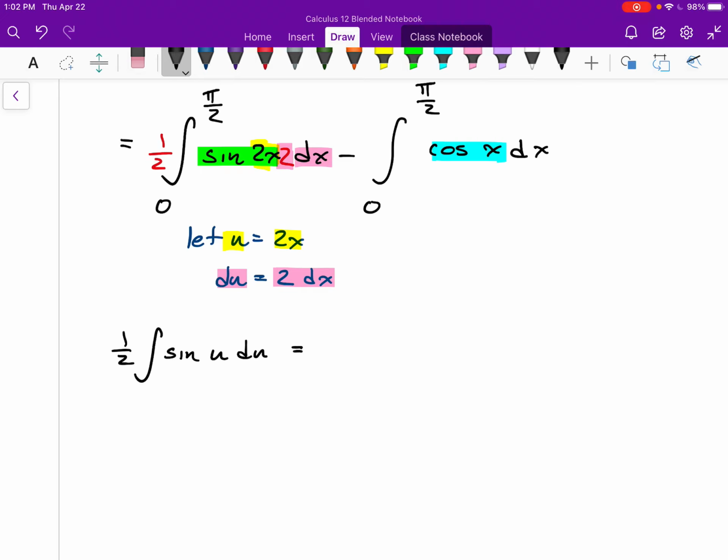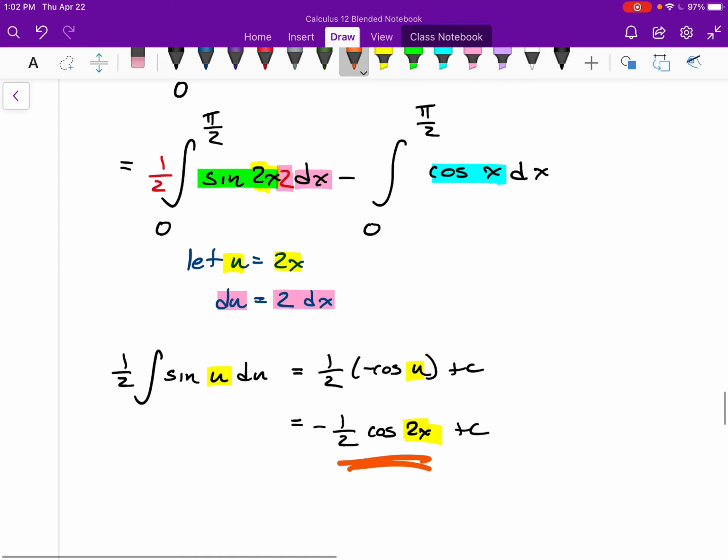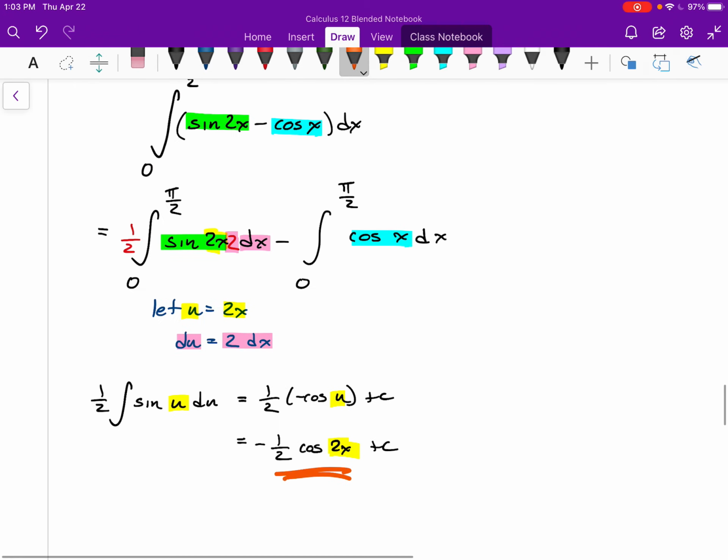And so I can see that that now equals 1/2 times negative cos u plus some constant, or minus 1/2 the cos of 2x plus some constant. But really, it's this part that I care about. And so what you see underlined in orange is the antiderivative of this part. And again, I've known for some time what the antiderivative of the cos x part is.